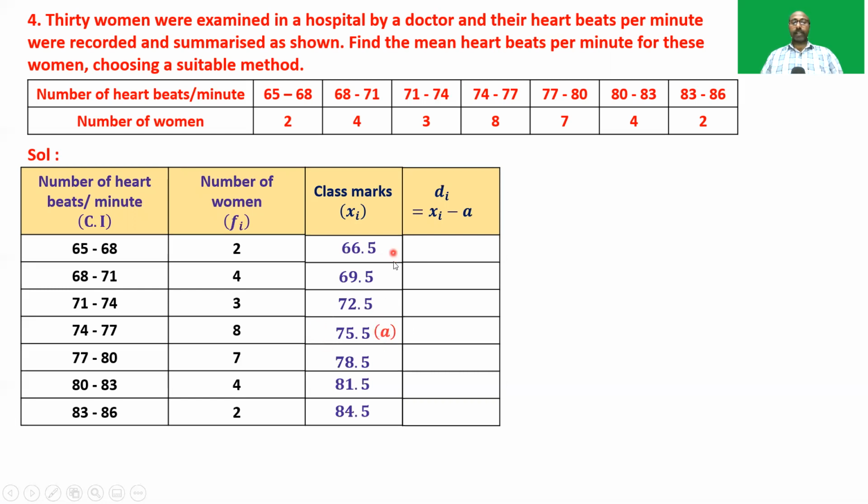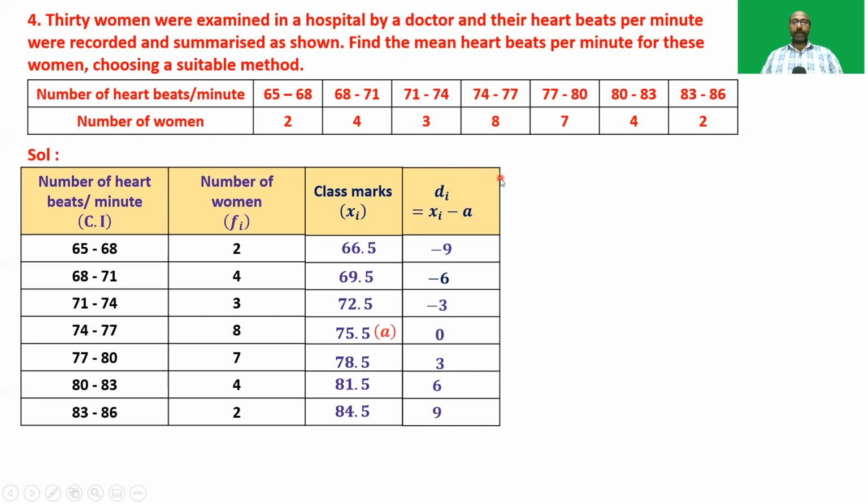That is 66.5 minus 75.5 is minus 9. And 69.5 minus 75.5 is minus 6. Similarly 72.5 minus 75.5 is minus 3. And the remaining deviations are 0, 3, 6, 9.